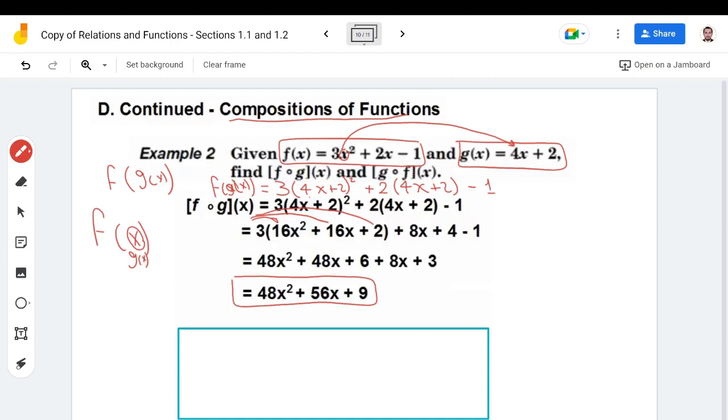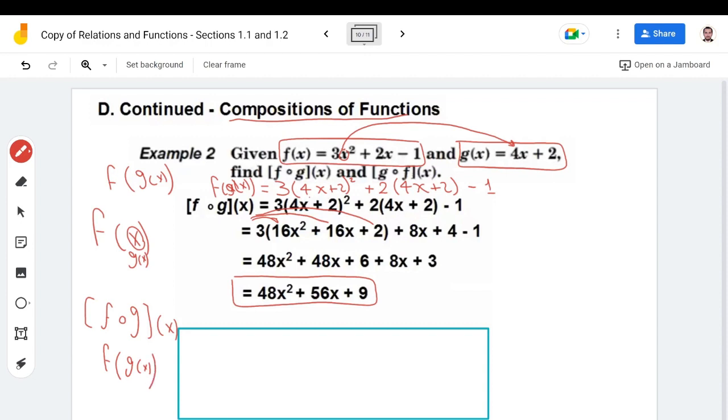Yalla, Ritaj. When we have f small circle g and x, what does that mean? This means f of g of x, right?